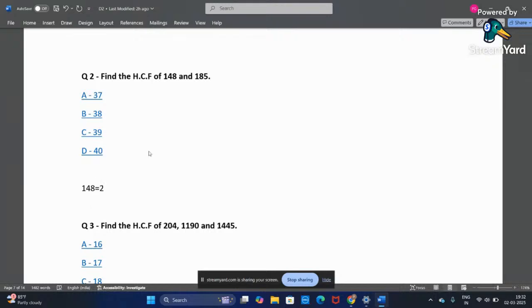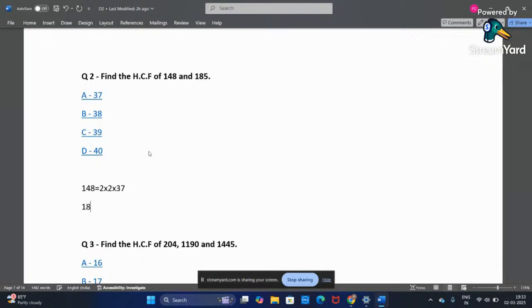It is 2 into 2 into 37. Then for 185, it is 5 into 37. What is the common number? 37 is the common number, right? So your HCF, the highest common factor, is 37. 37 will be the answer.